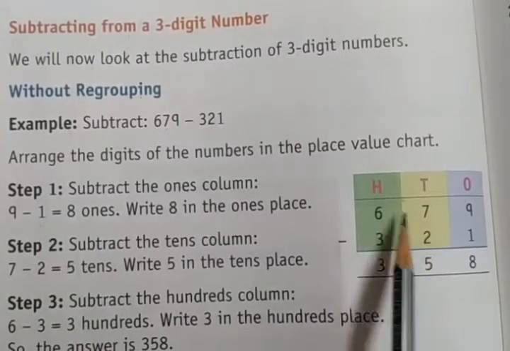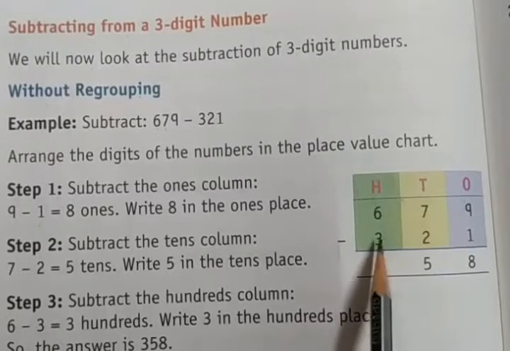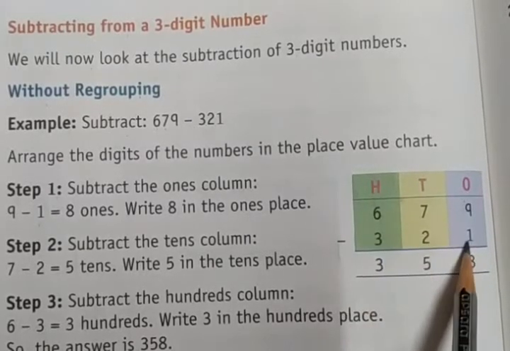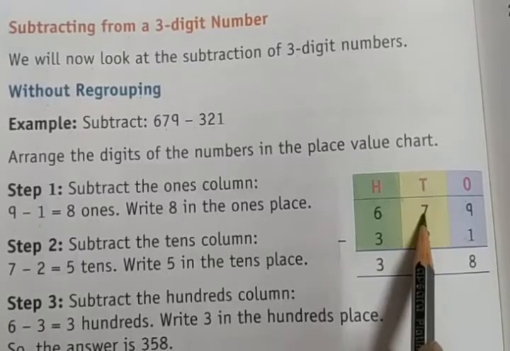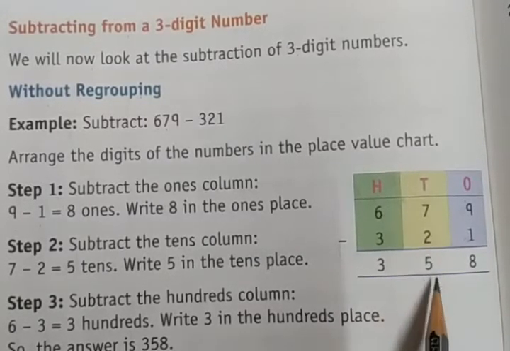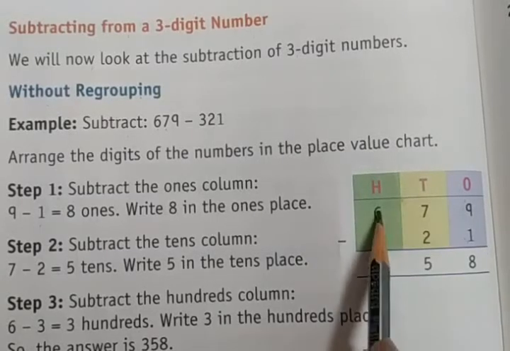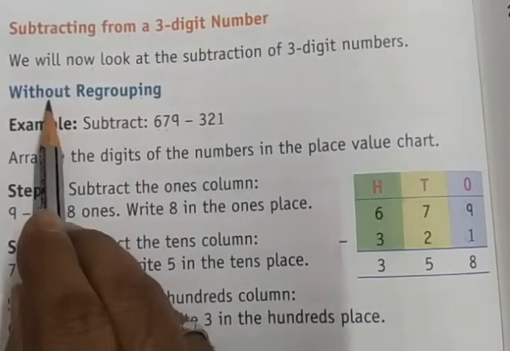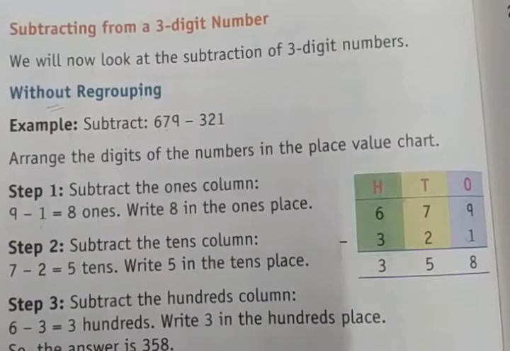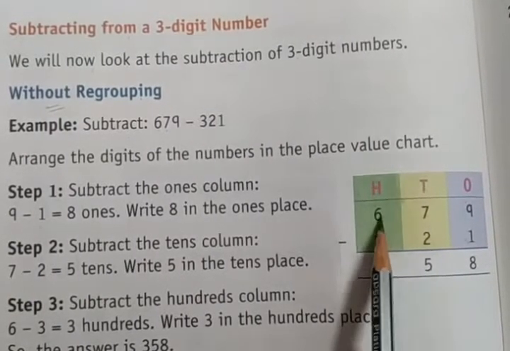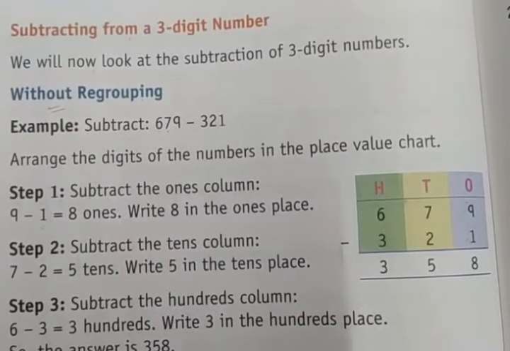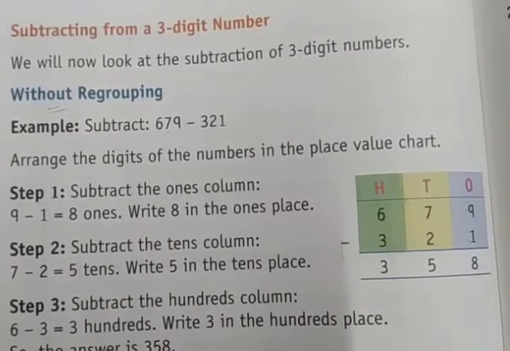Here 7 minus 2 is 5. 6 minus 3 is 3. This is without regrouping, which means we need not go for borrowing. Plainly we need to subtract, that's it. Without regrouping means very simple.